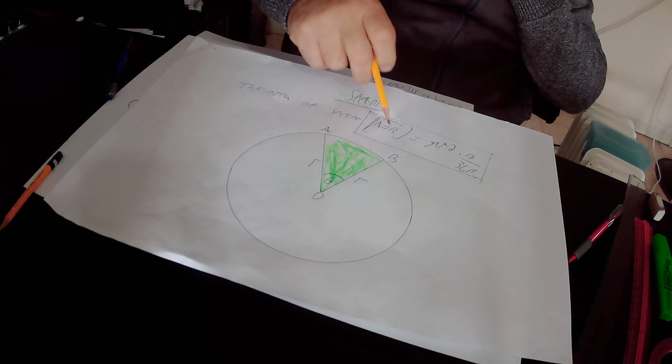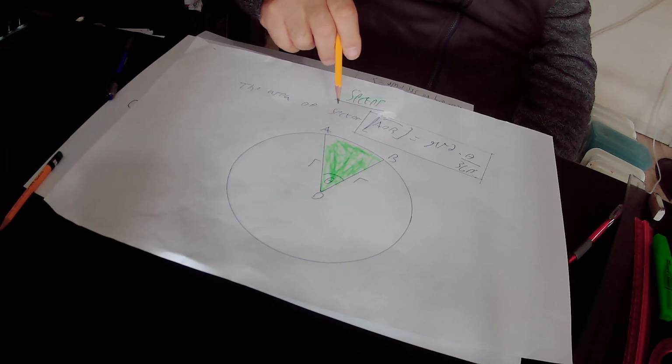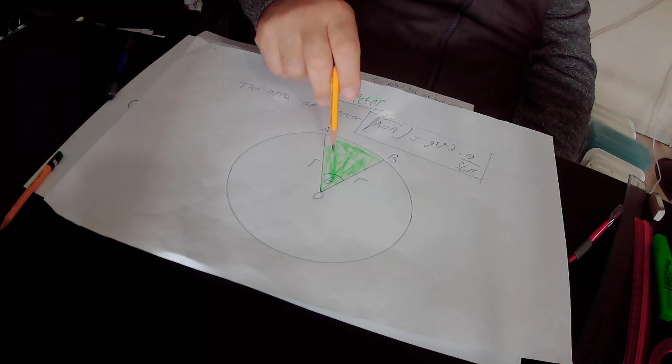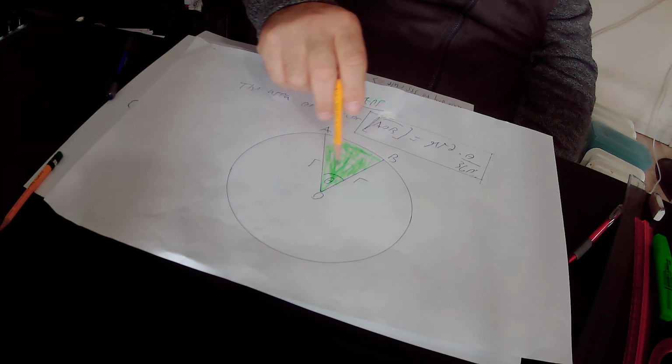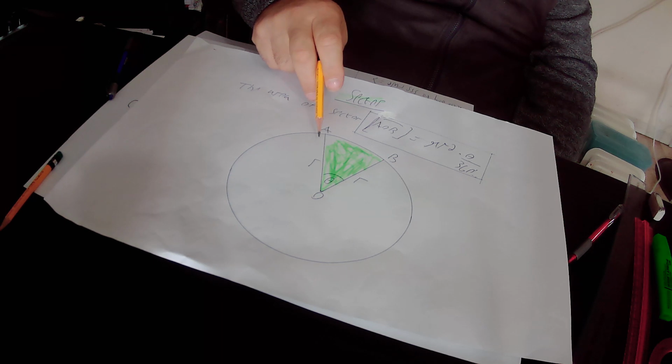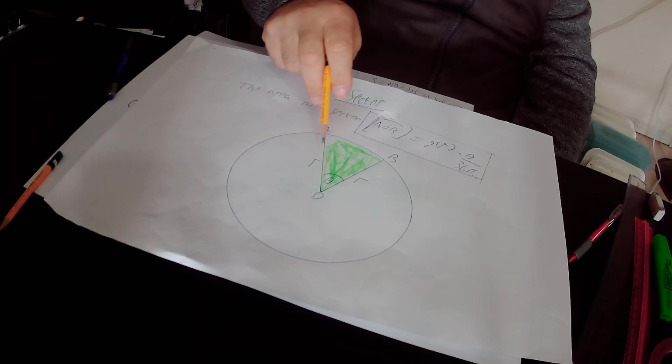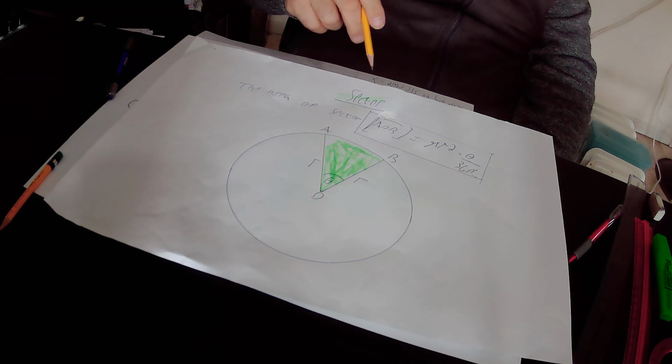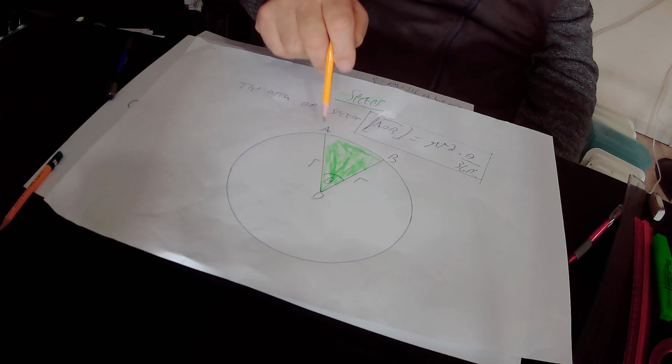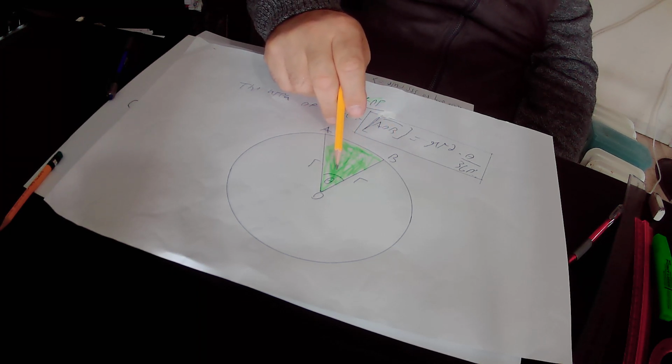Sector AOB consists of two legs. The first leg is AO and the second leg is BO. They are both the radii of this circle, equal to R, therefore they are equal to each other. And the angle between those two legs, AO and BO, is angle theta.